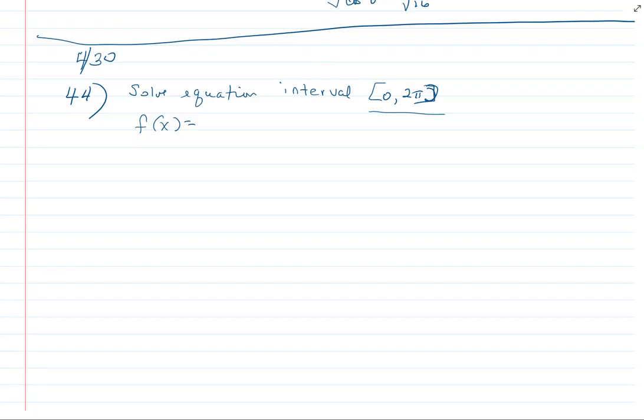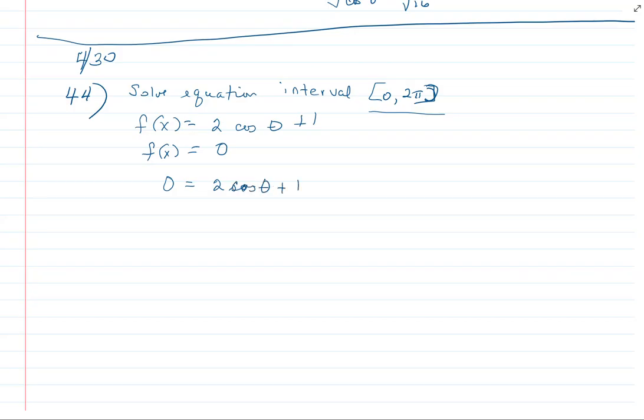We have f of x equal to 2 cosine theta plus 1, and we're solving for f of x equal to 0. So this means that the y, which is f of x, is 0. So we're going to put 0 equals 2 cosine theta plus 1.